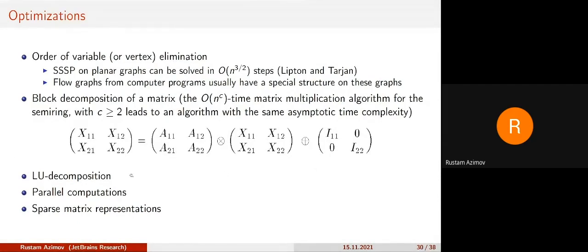Also, there is another optimization that uses LU decomposition.